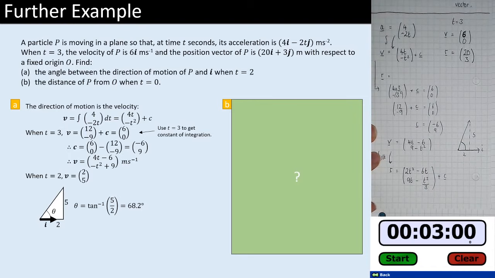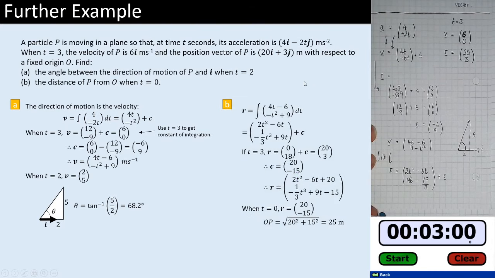So let's have a look at those, because I've run out of page. So we've got the 2t squared, take away the 6t in that second line. We've got the 9t, take away t cubed over 3, plus constant.